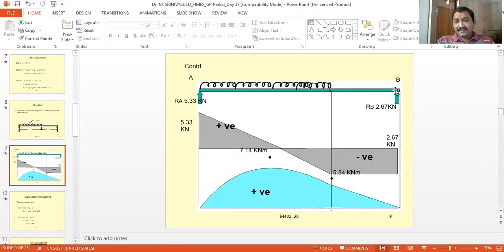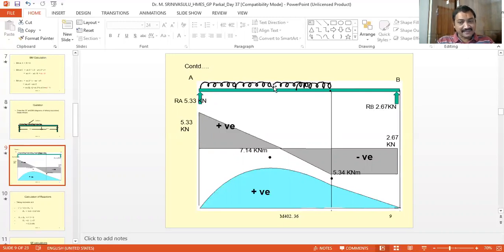So we got the two forces, this one and this one. This is a negative one and this is a positive one. So here, the shear force at point A is equal to minus 2.67 plus, what is this? This is 4 into 8.